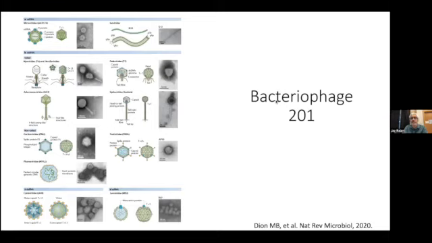Phage come in many different shapes and forms. Like other viruses, there can be variants in the structure: they can have an envelope, they can be non-enveloped, and their nucleic acid can be RNA, DNA, or double-stranded RNA. So not very different than eukaryotic viruses.